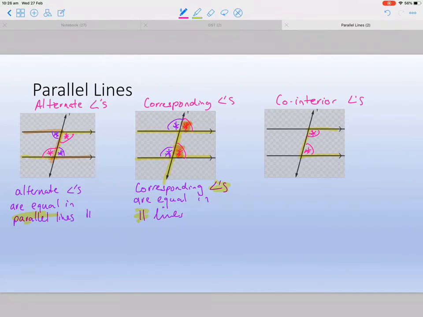I'm going to change the symbols a bit. I'm going to change it to a star, okay? And because they're not equal, but they add up to 180. They add up to 180 degrees.